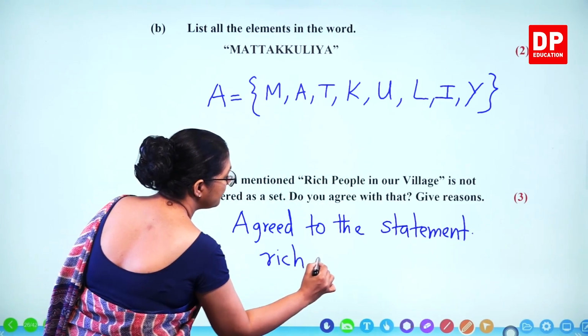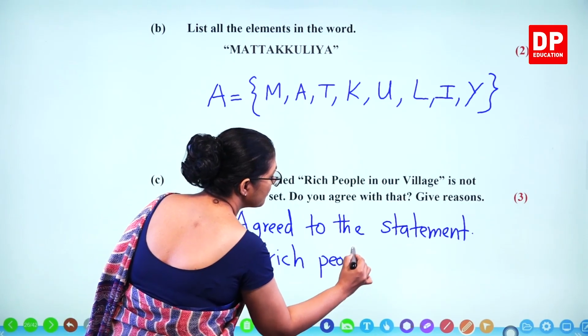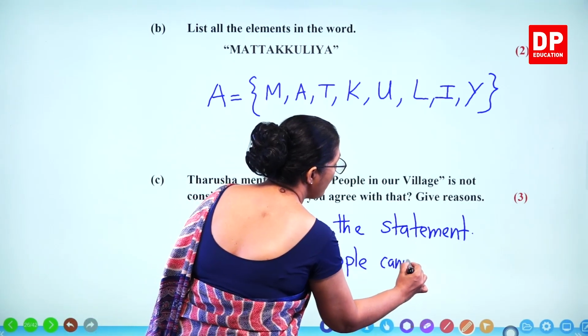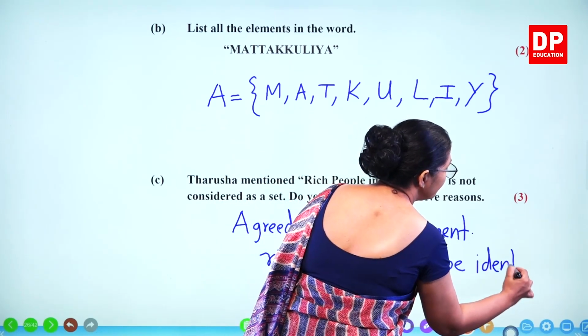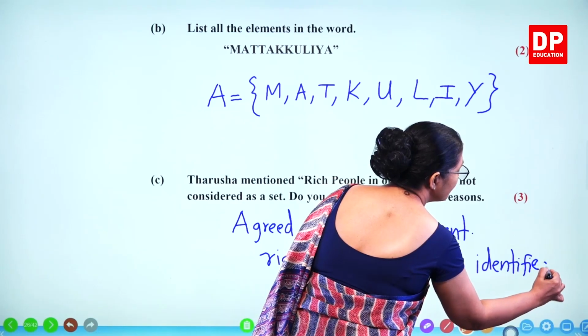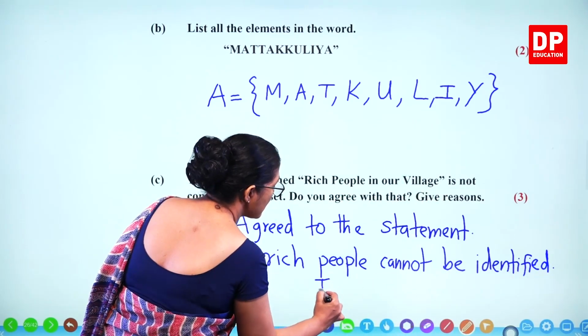Rich people cannot be identified. It is not a set.